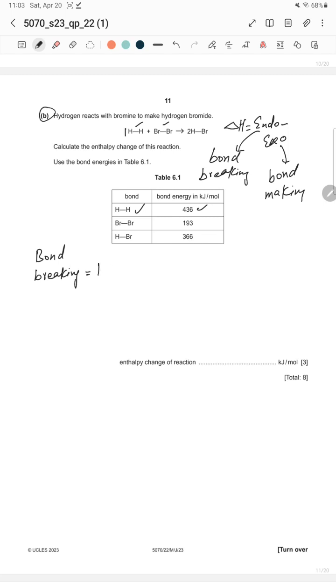So 1 multiplied by 436 plus 1 mole of Br2. In order to break the Br-Br bond, 193 kilojoule per mole of energy is required. So 1 multiplied by 193. We will have the answer equal to 629 kilojoule per mole.